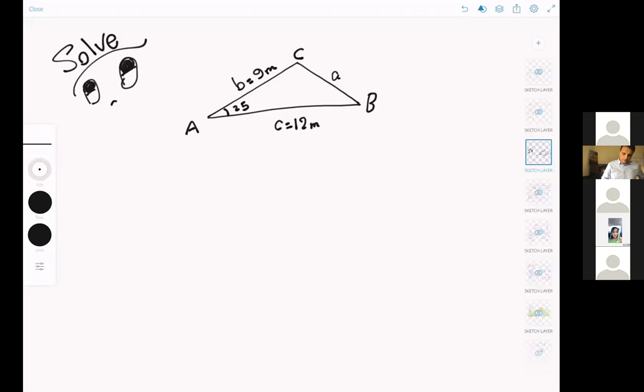We're going to solve this triangle with the happiest mind. Actually, the eyes should be this way. Can you guys work on this one?